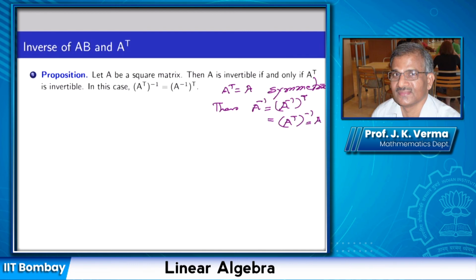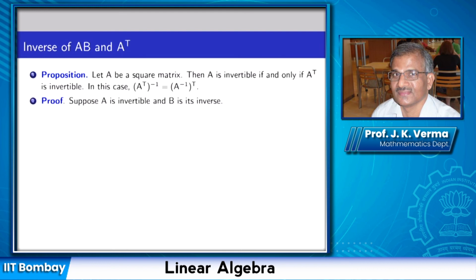So the inverse of an invertible symmetric matrix is also symmetric. Suppose A is invertible and B is its inverse.